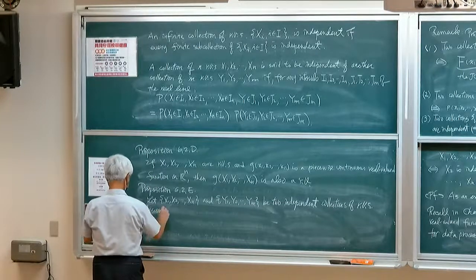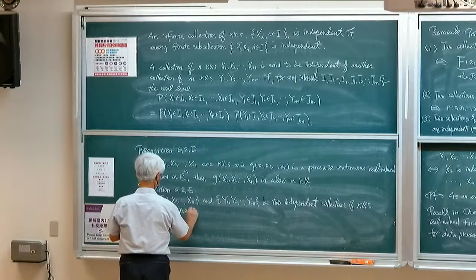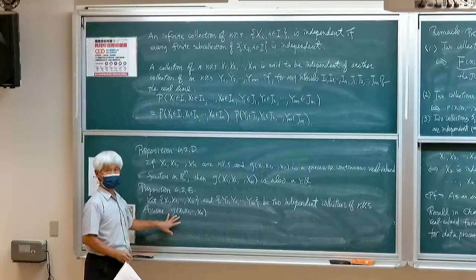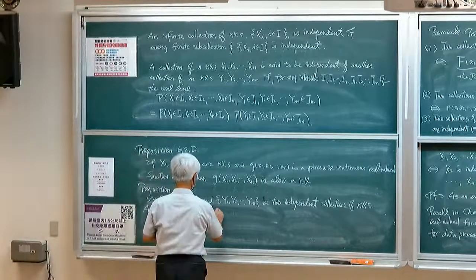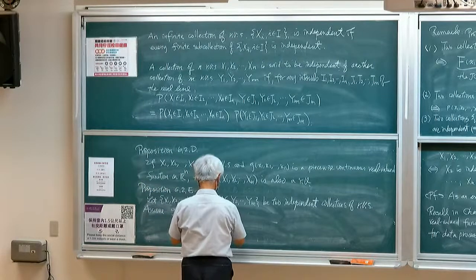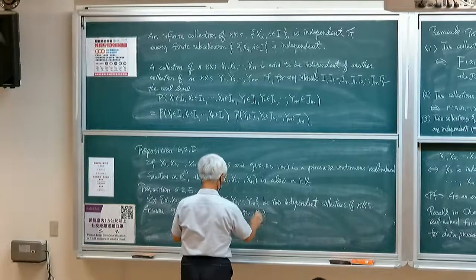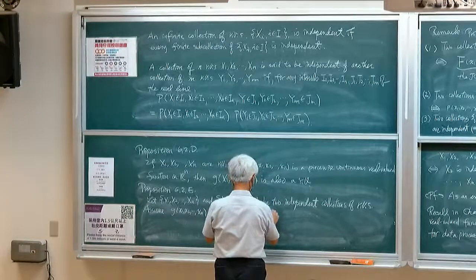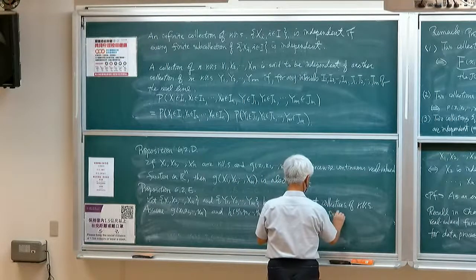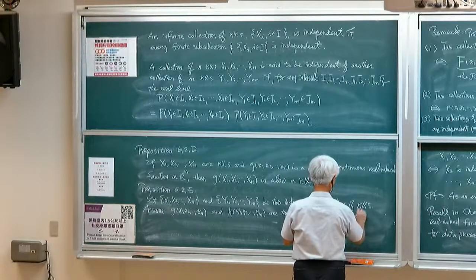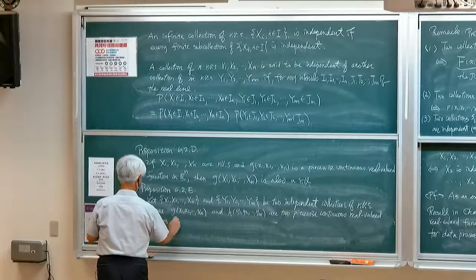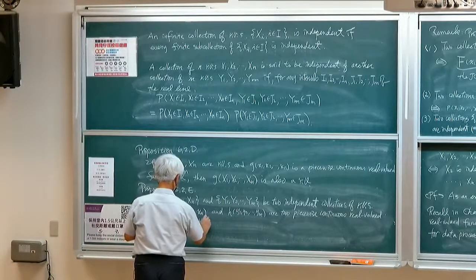Assume g of X1, X2, up to Xn, so the measurement result of the X random variables will be put into the data processing function g, and the Y measurement will be put into another data processing function H. And assume both of these are piecewise continuous real valued functions on Rn and Rm respectively.